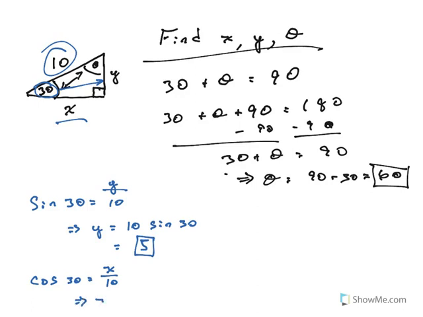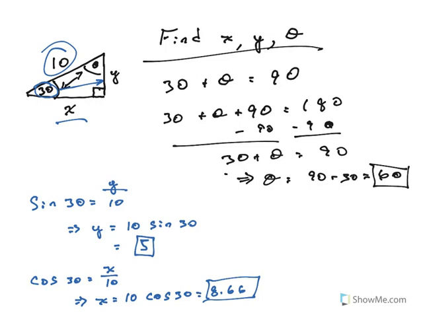Solve this for x, I get x equals 10 times the cosine of 30. And I'll plug this in my calculator, and I get 8.66. And now my job's done. I found all three pieces of information: theta, x, and y.